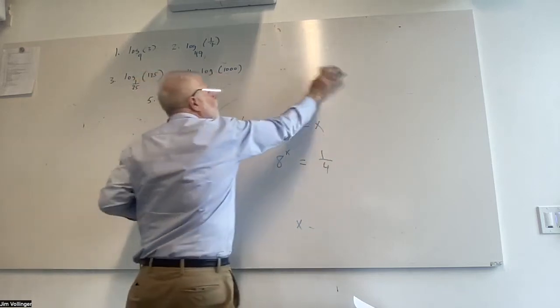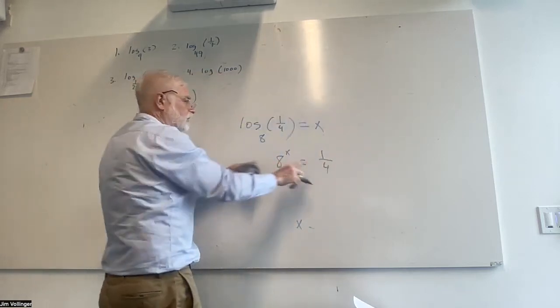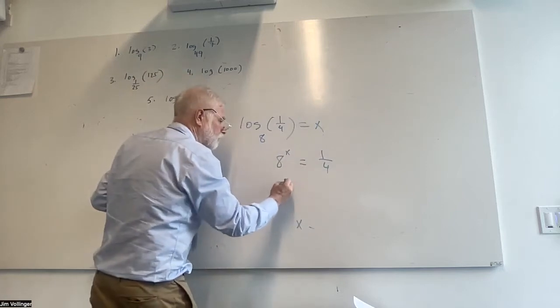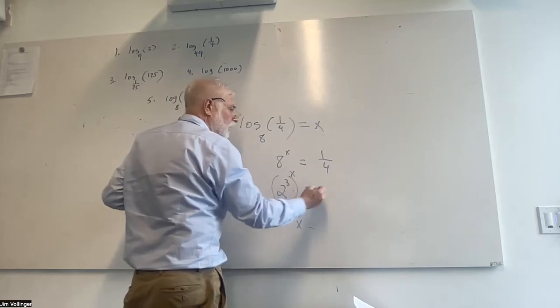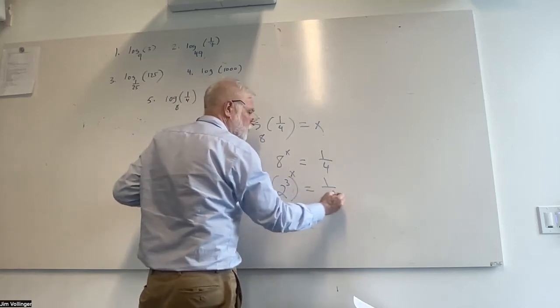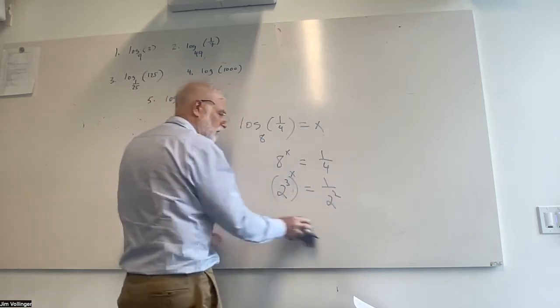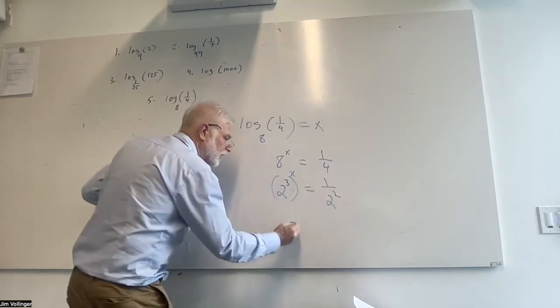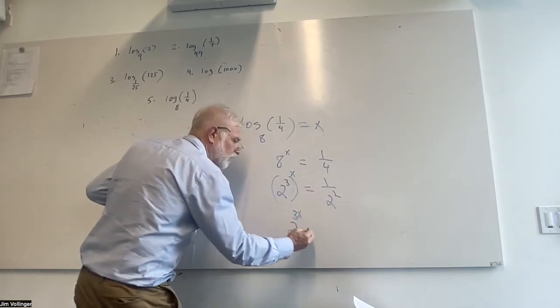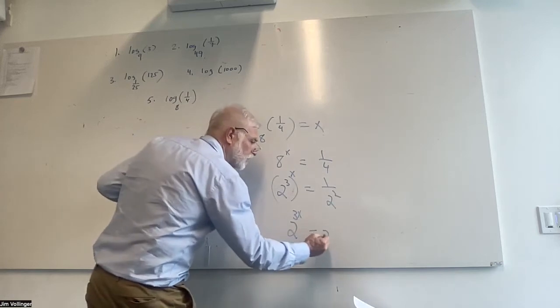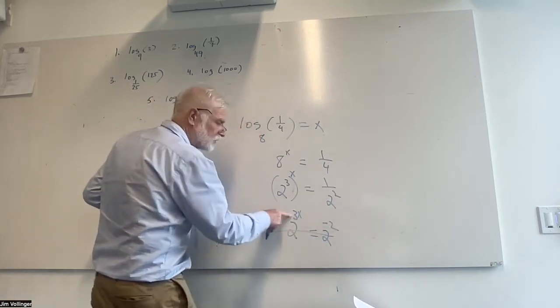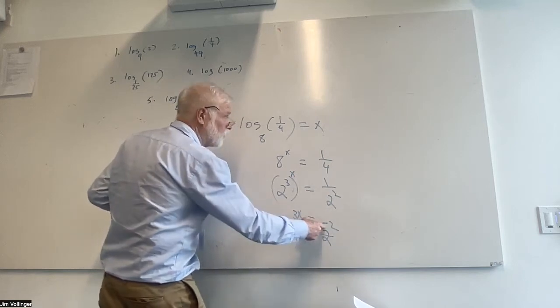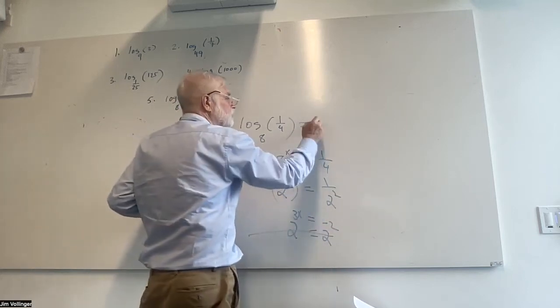Gives me a little more organization. I'm going to get the same base. 2 to the 3 is 8. And 1/4 is 2 to the -2. On the left we have 2 to the 3x, which equals 2 to the -2 on the right. So the bases are equal. So 3x equals -2. So x is -2/3.